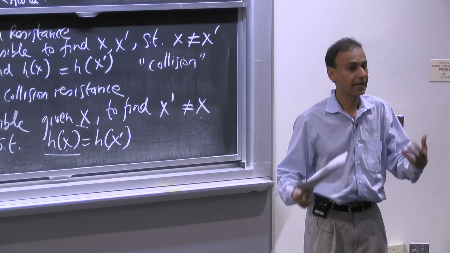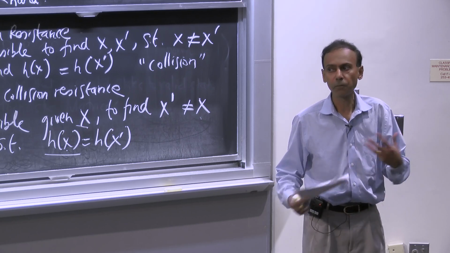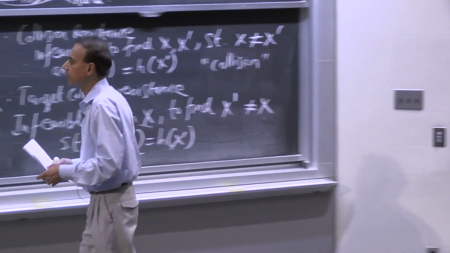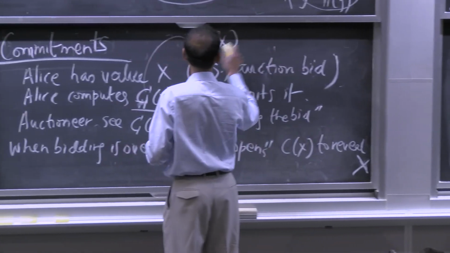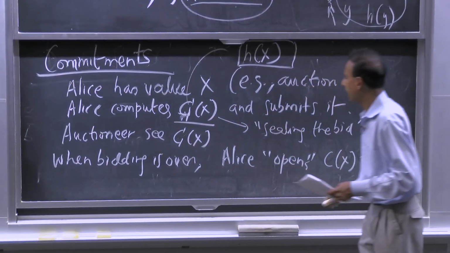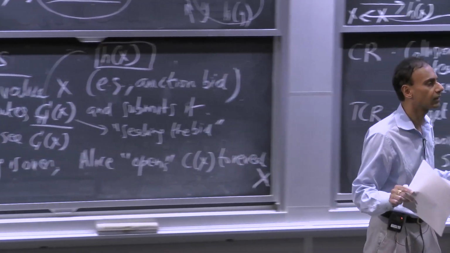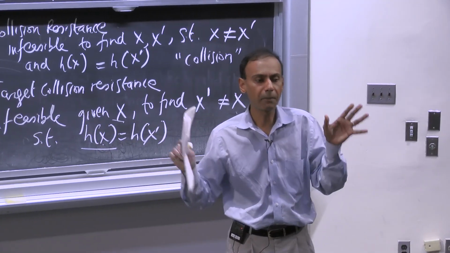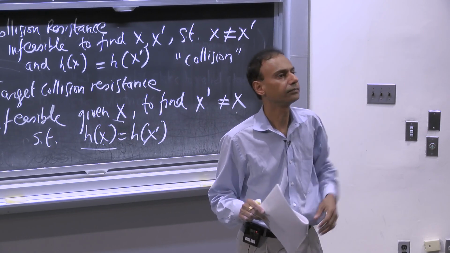So I need to make Alice commit to something, right? So what are the different properties of the hash function, if I use H of X here, that I'd want H to satisfy in order for this whole process to work like it's supposed to work with paper and envelopes, right? Yeah, go ahead.